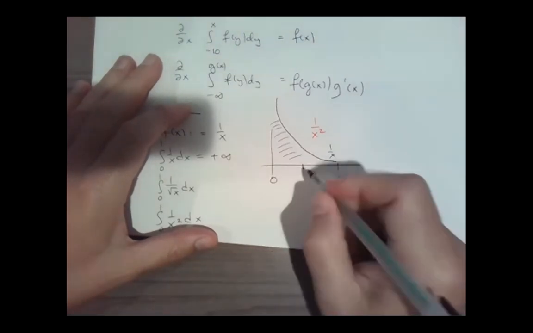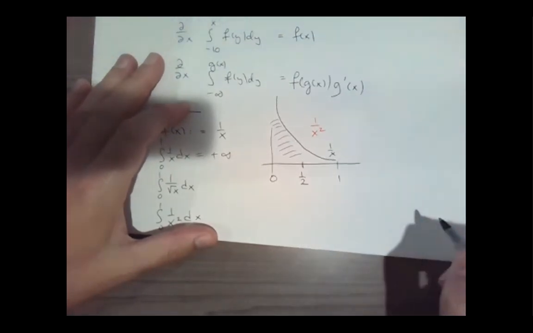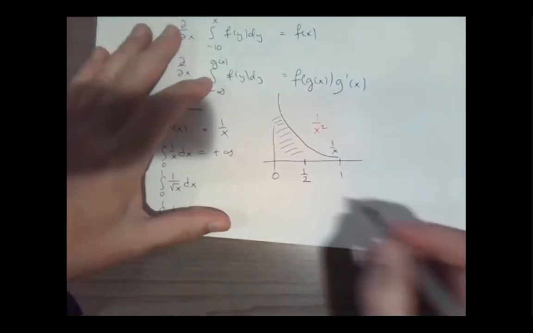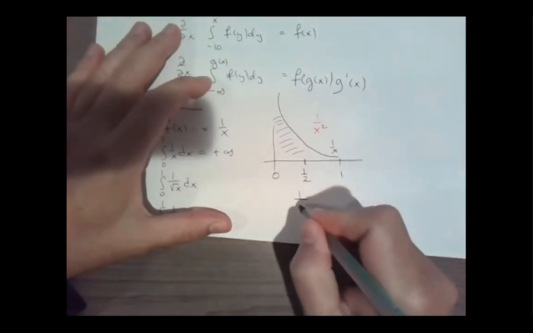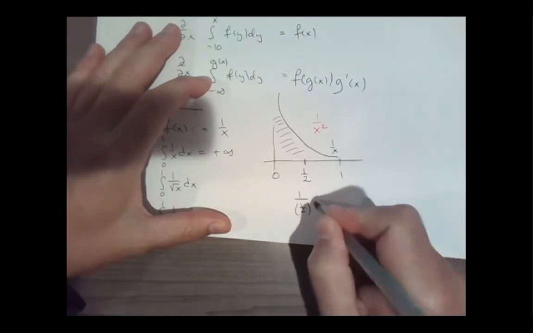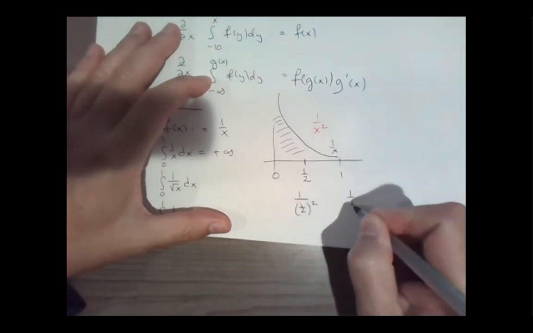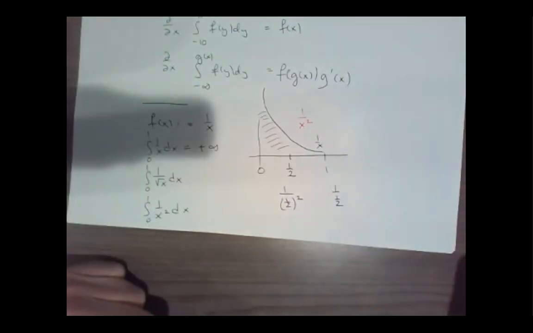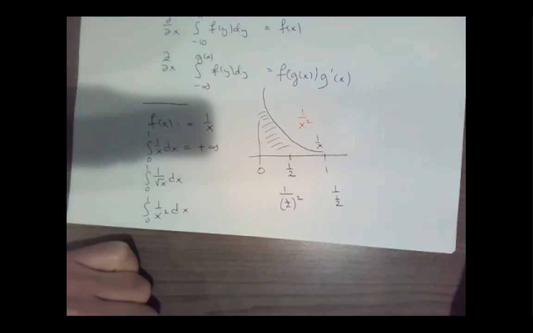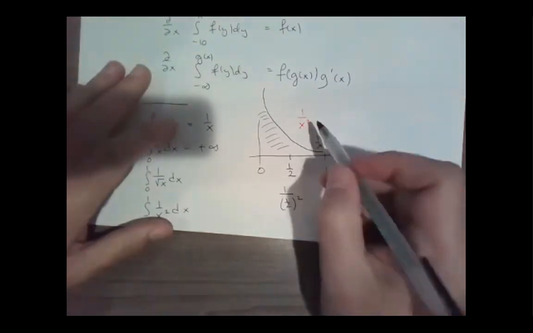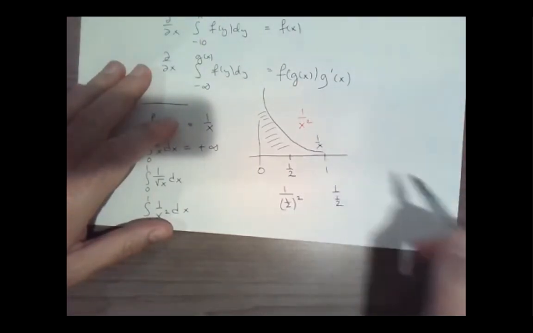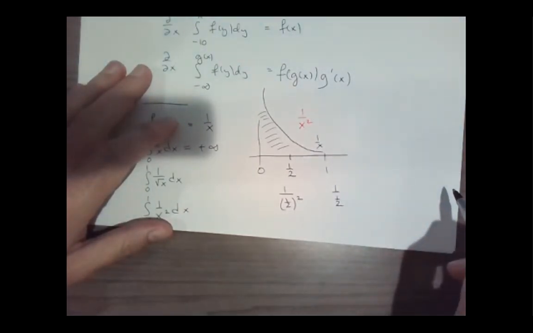Okay. So if I take a half here, now we compare 1 over 2 to the power 2 and 1 over 2. Which of these two is the biggest? Is it the red one that's bigger or the black one that's bigger? The red one.